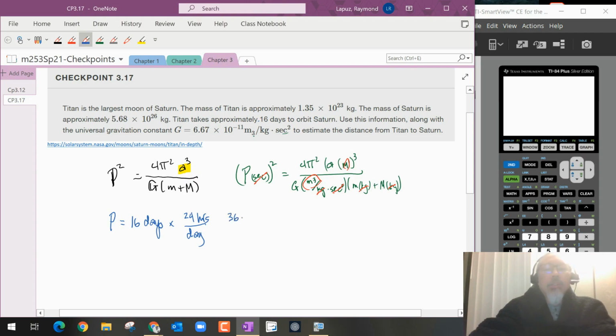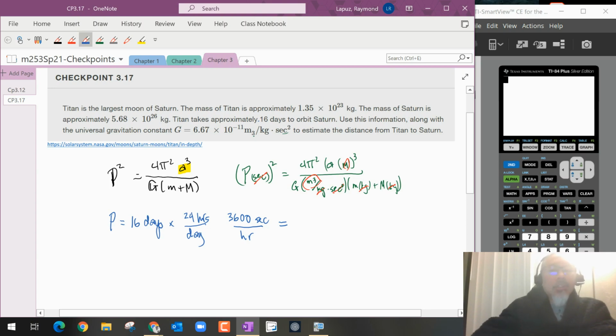So that would be 60 squared, or 3,600 seconds per hour. So whatever this number is going to be our P.